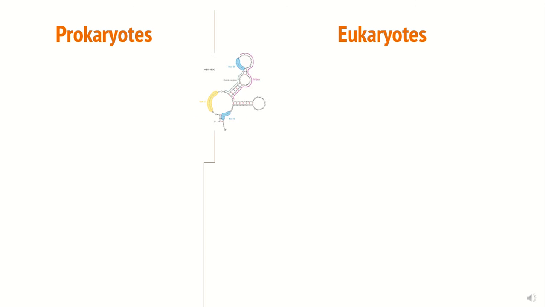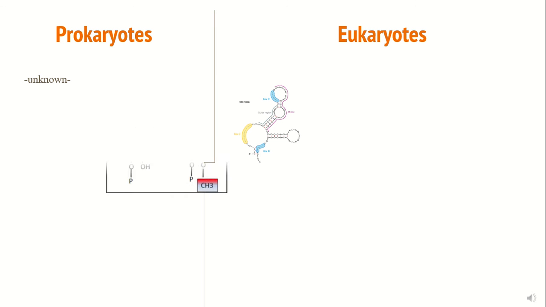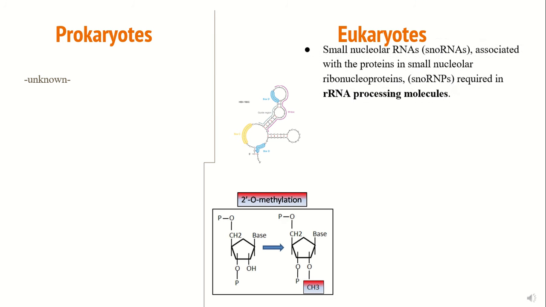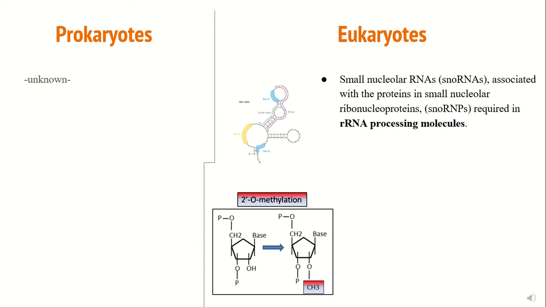Unfortunately, in prokaryotes, the rRNA modifications are unknown, but in eukaryotes, small nucleolar RNAs associated with proteins in small nuclear ribonucleoproteins (snRNPs) are required in rRNA processing.